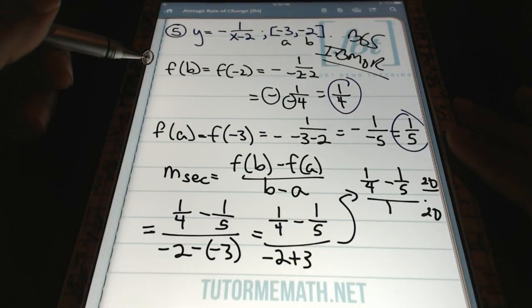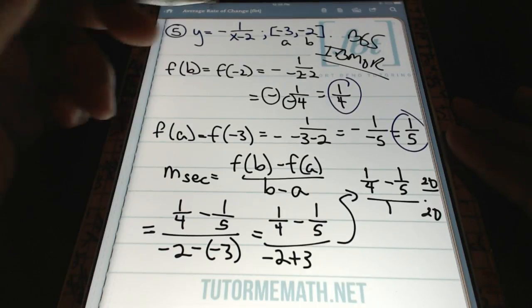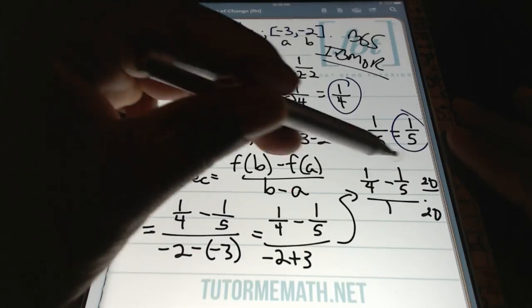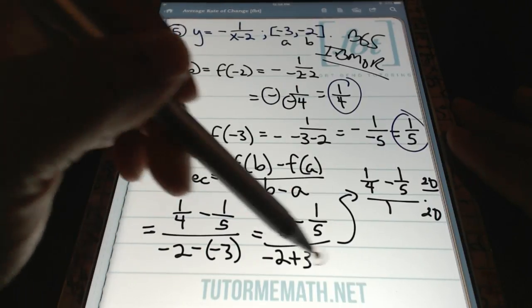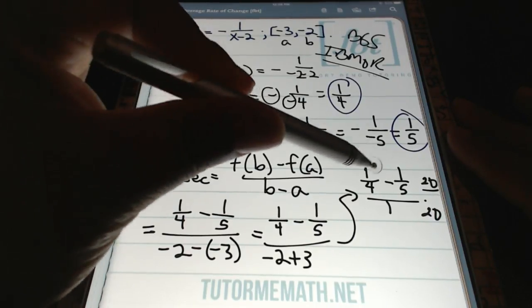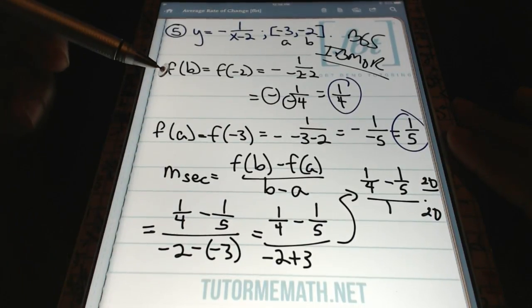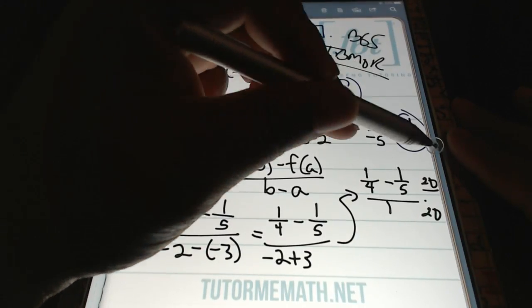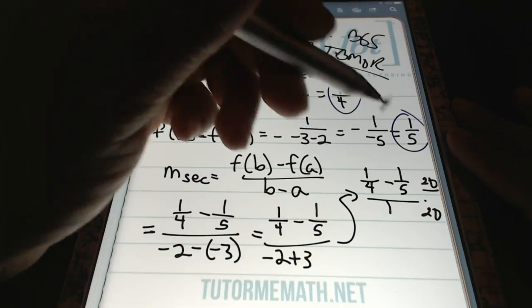Good deal. Let's see about distributing this 20. What I'm showing you, guys, is that within the complex fraction, if you distribute the least common denominator of all of the values to each and every element of the rational expression, you can eliminate the fractions within the fraction. And it'll help you simplify that. Multiplying 1/4 times 20 is just like dividing 20 by 4.